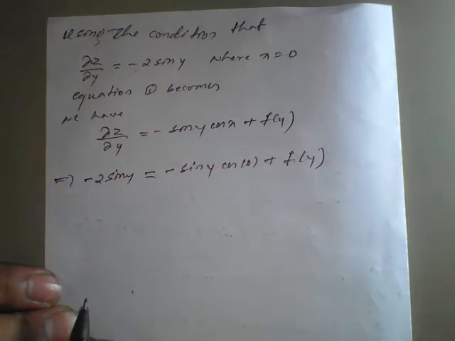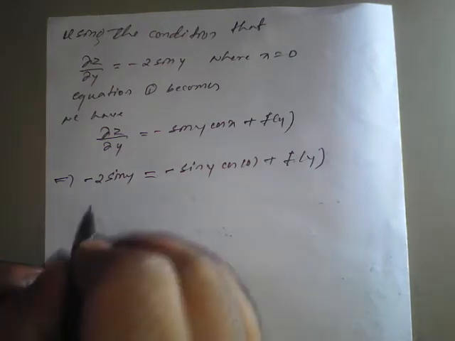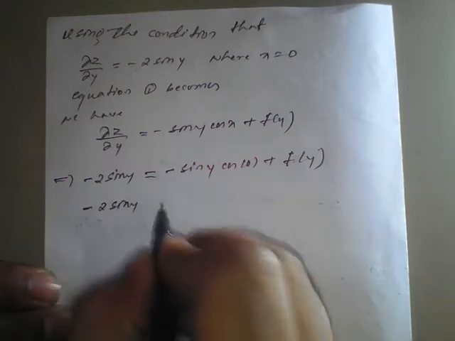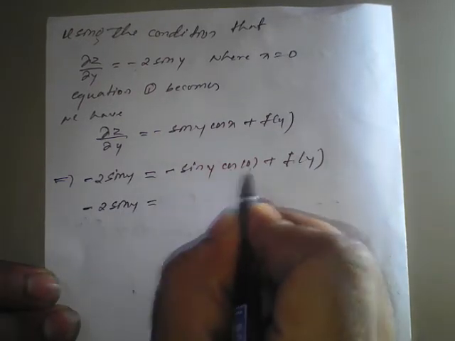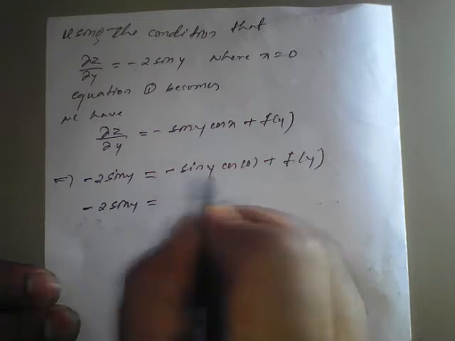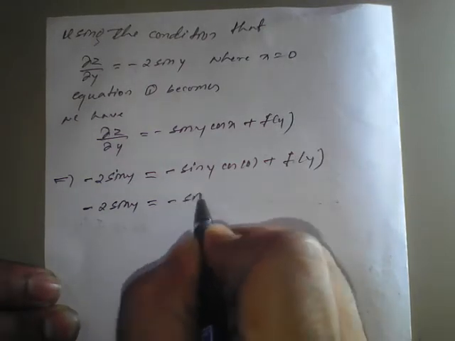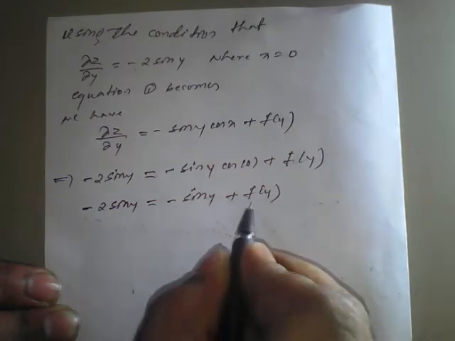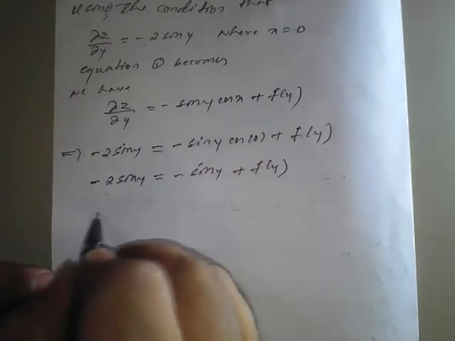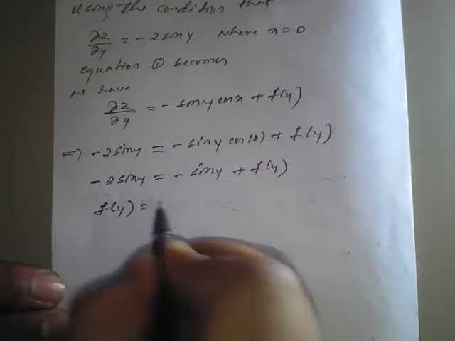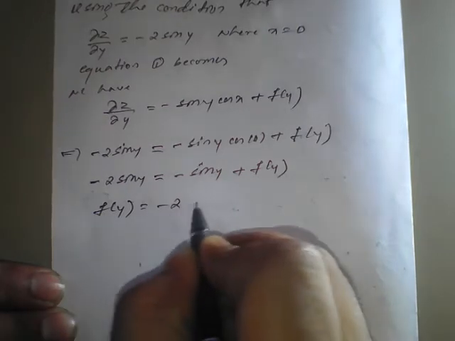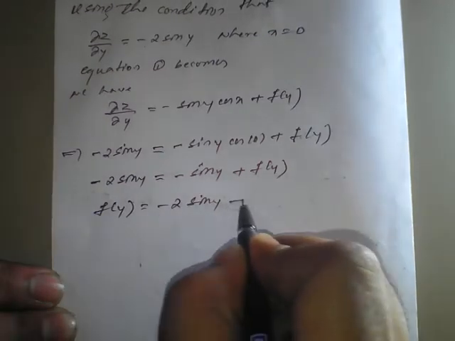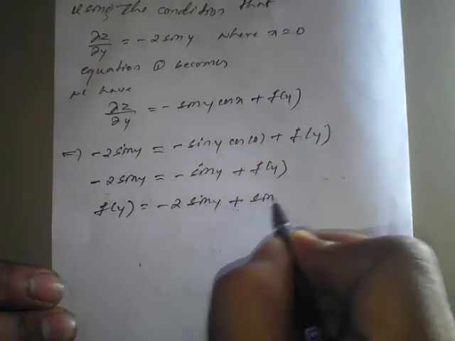Okay, so now we'll see what happens. Minus 2 times sin y is equal to cos of 0, which is 1, so 1 into minus sin y is minus sin y, plus f of y. We'll keep f of y here: f of y is equal to minus 2 sin y, and shifting this to the left hand side it becomes plus sin y.